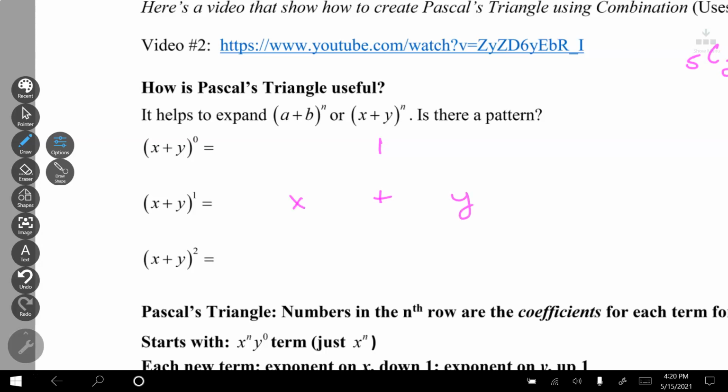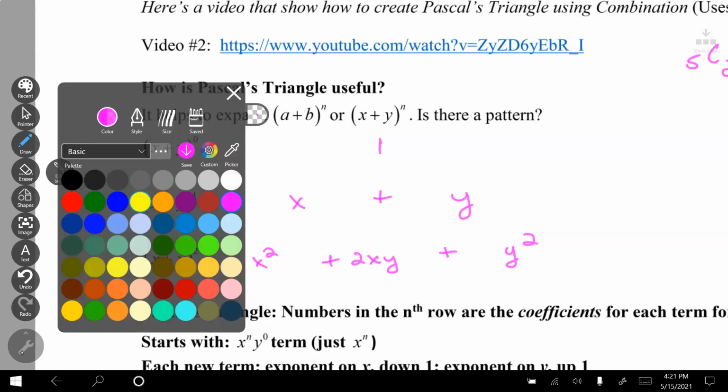I'm spreading it out on purpose. And then x plus y squared, or a plus b squared, I hope you know it's going to be x squared plus 2xy plus y squared. We've done x plus h squared, which is the same thing.